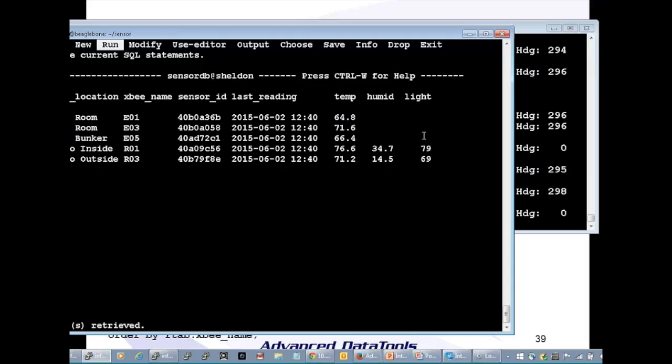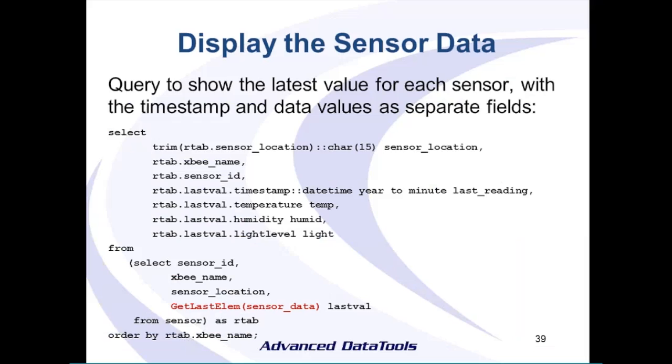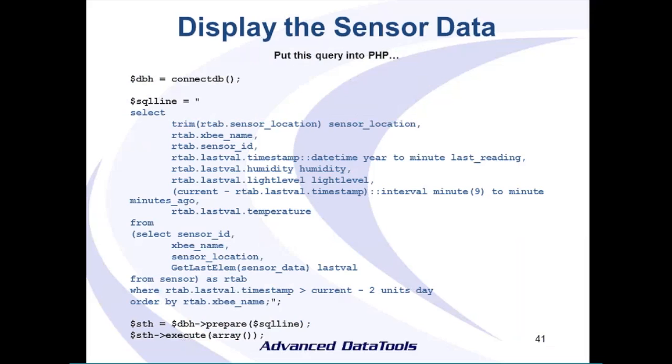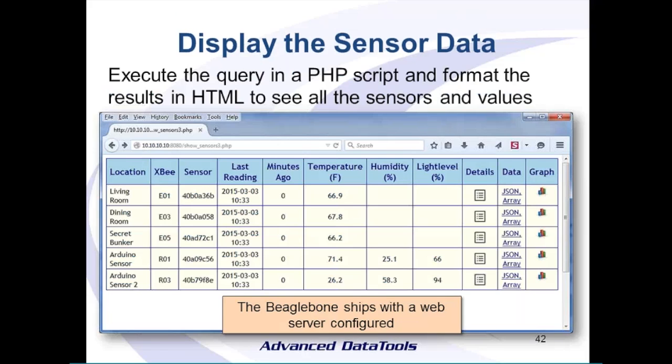Okay, so that's great. All this is running locally. I'm just running DB Access on the BeagleBone. So this is my smart gateway. But what I can do, there's an example, is put this same query into PHP and run it in a web page.